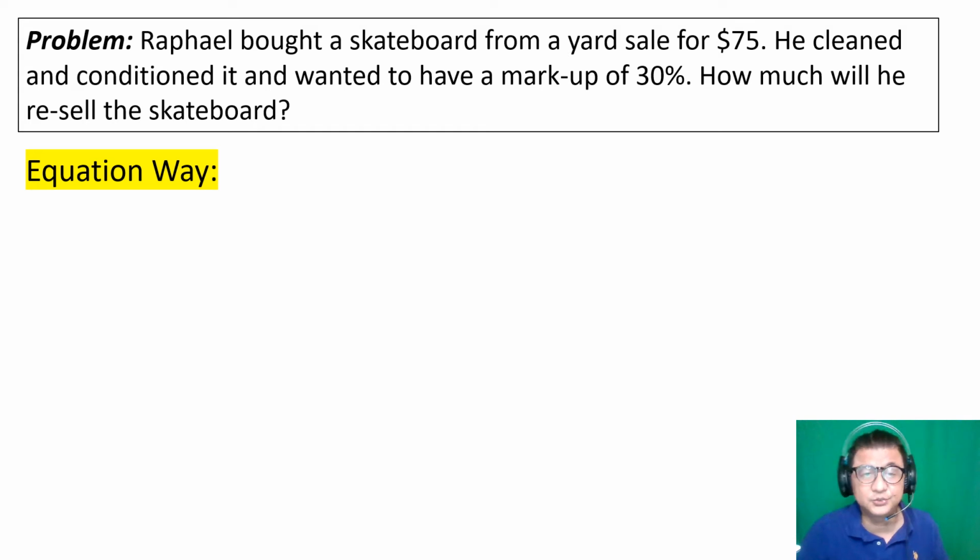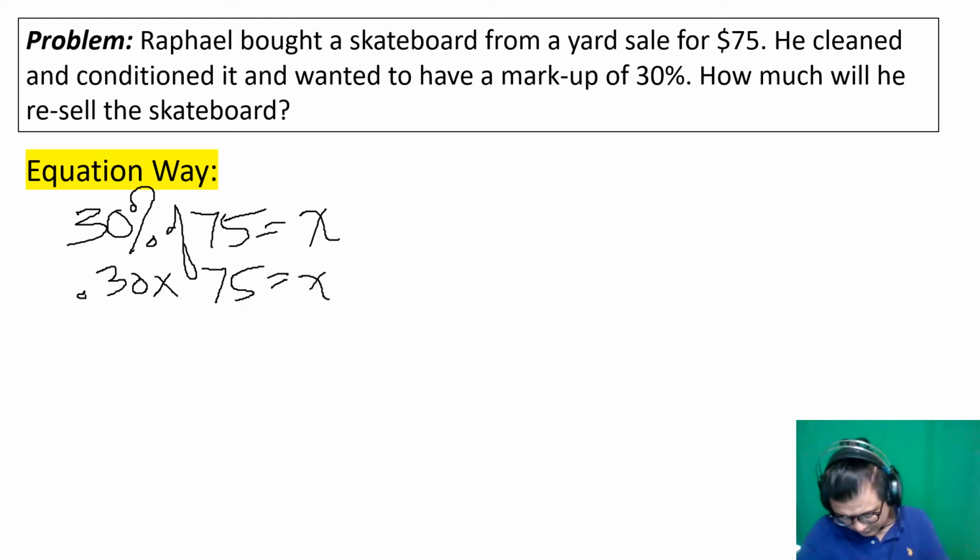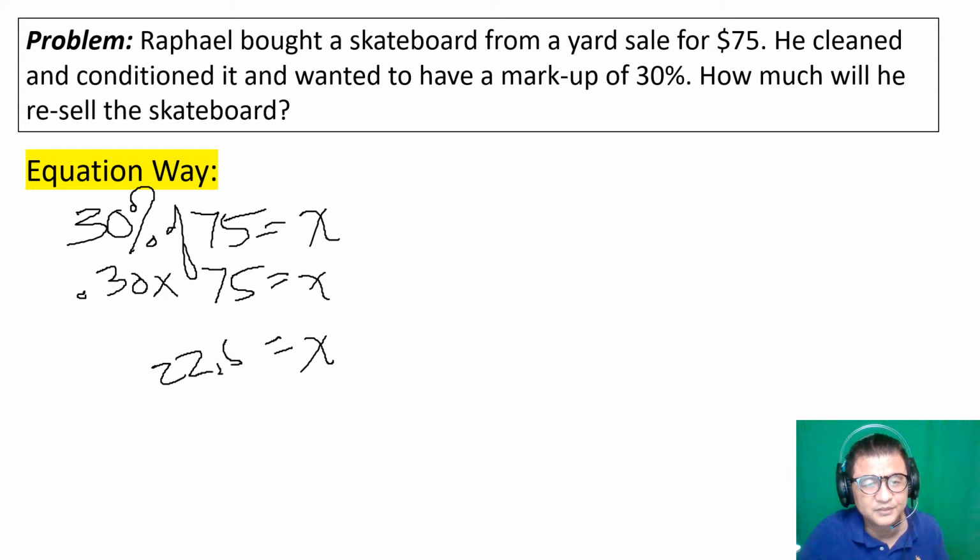Now the third way is using equations. Okay, this should be easy. Look at this. 30% of 75 is equal to x. That's what you want to know. So 0.30 times 75 equals x. So 0.3 times 75 is 22.50. X is 22.50.